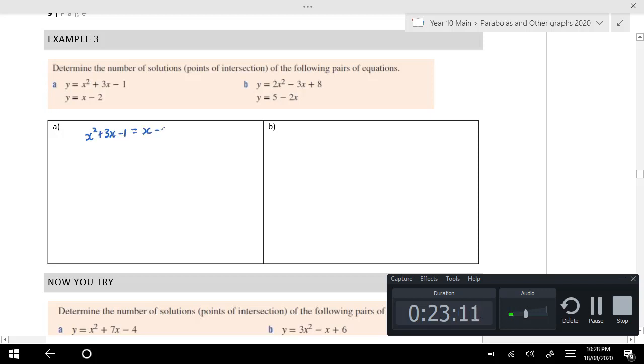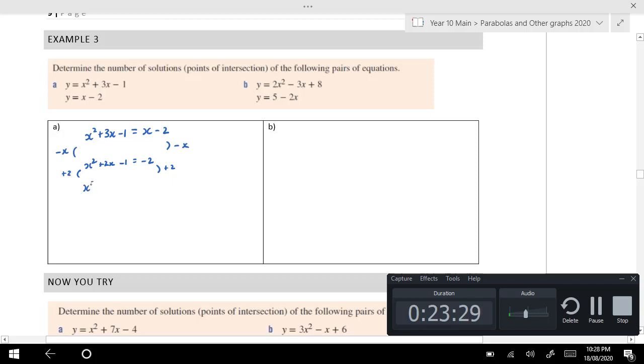So we need to solve this. Let's get everything to one side. We're going to subtract x first. x squared plus 2x minus 1 is equal to minus 2. Then we want to add 2 to both sides, to get it over to the other side.